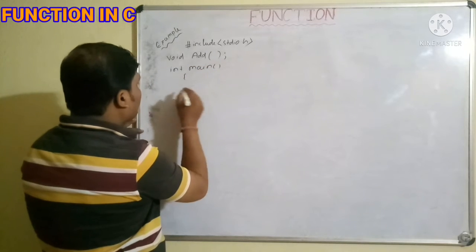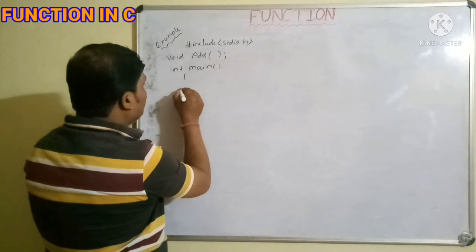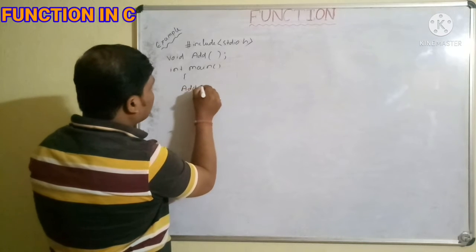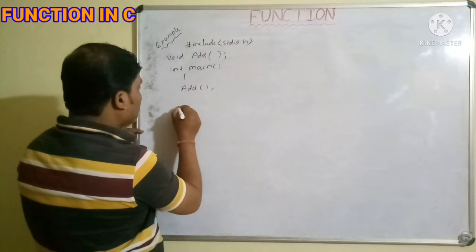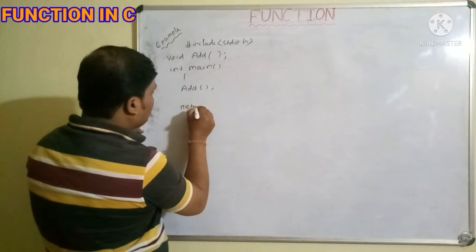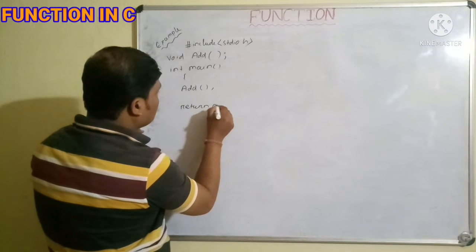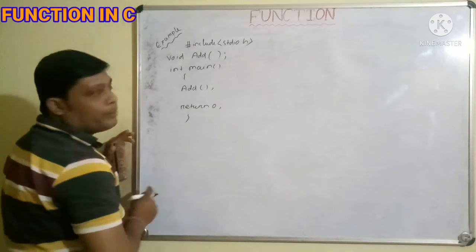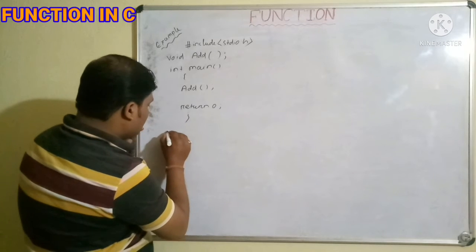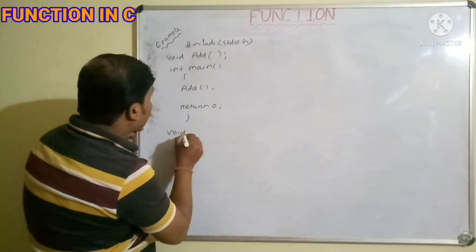Then I am just calling this add function here, then return 0, then this is the end of main, and I am defining this function.